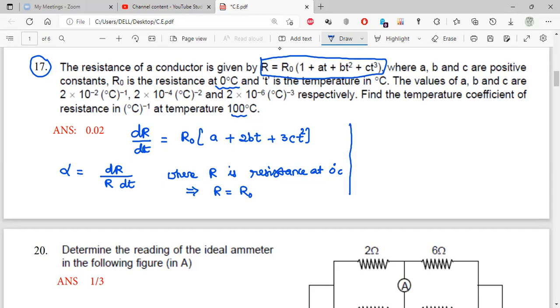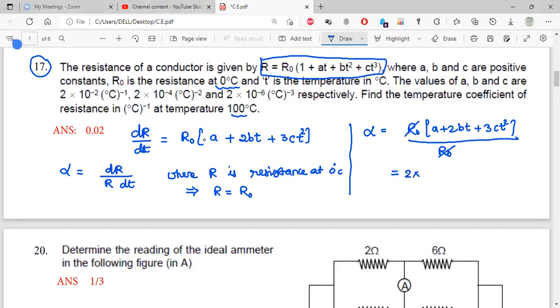So alpha equals R naught into (A plus 2BT plus 3CT square) divided by R naught. R naught is unnecessary data, which is why the value of R naught was not given in the question. But A, B, C values are required. Now you can substitute and find the value.